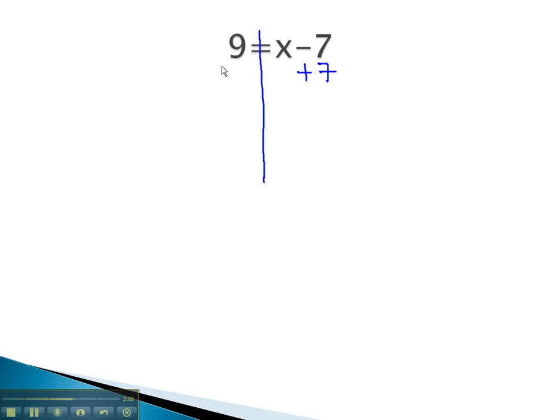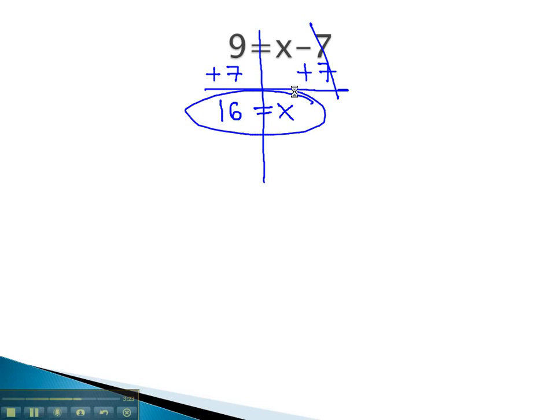Again, we will do the exact same thing on the other side of the equation, adding 7 to both sides. Notice the negative 7 plus 7 subtracts out to 0. We now have 9 plus 7, or 16, equals x. This is the number that x represents in this equation.